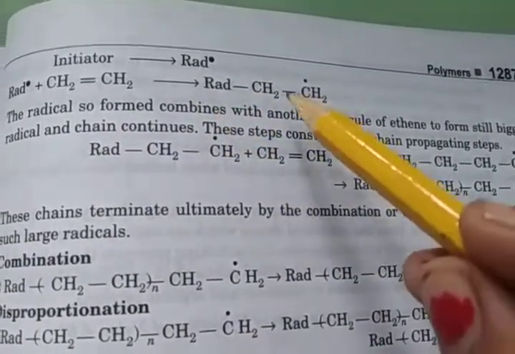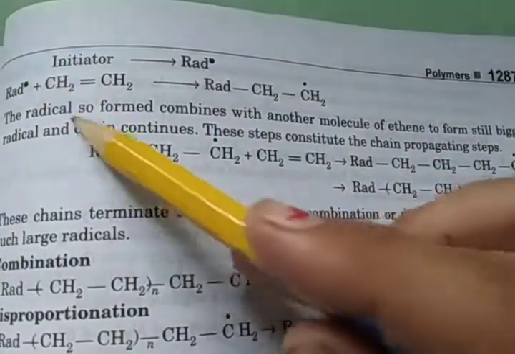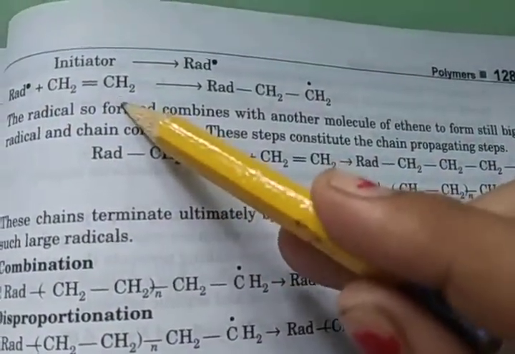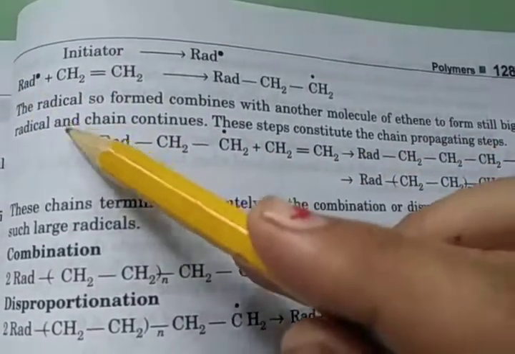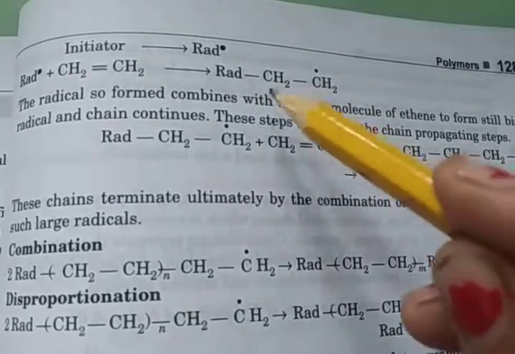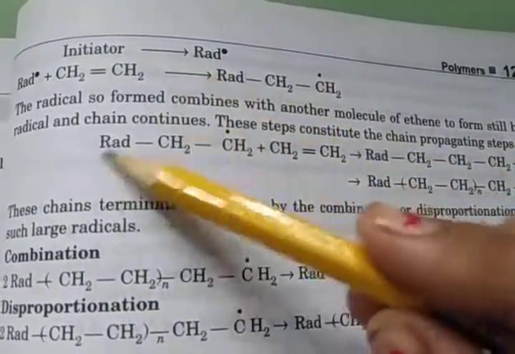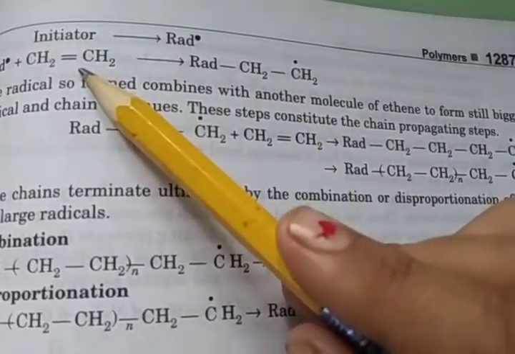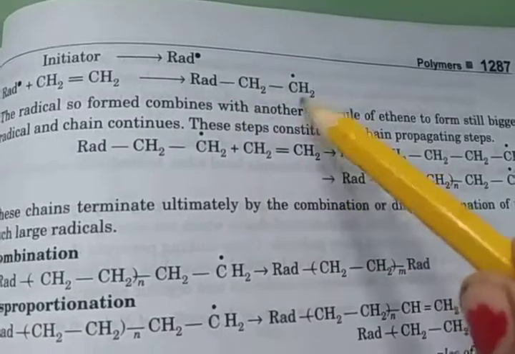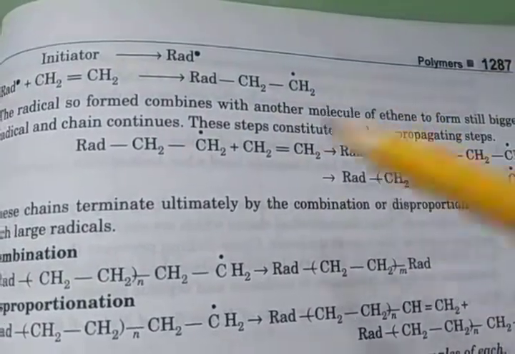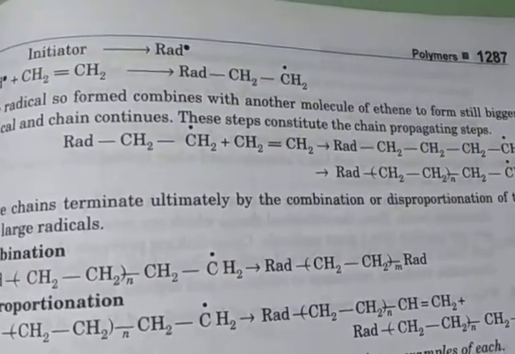The radical attaches to the double bond of ethene, this double bond breaks, and the free radical transfers to carbon, with the double bond electron going to the left-hand side. So the radical is attached to CH2-CH2 free radical. This radical combines with another molecule of ethene to form a still bigger radical, and the chain continues. These steps constitute the chain propagating steps.